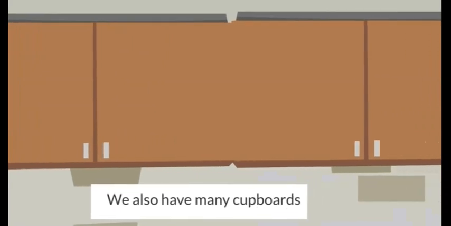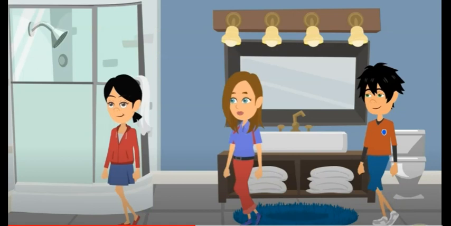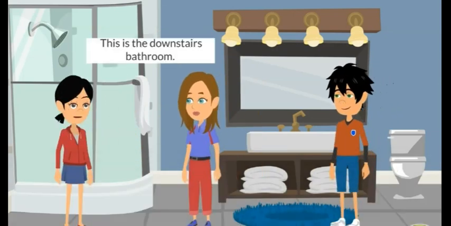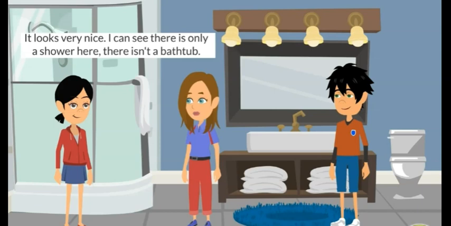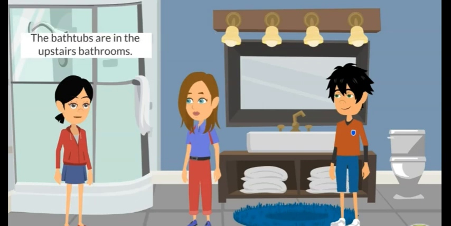We also have many cupboards and drawers. This is the downstairs bathroom. It looks very nice. I can see there is only a shower here. There isn't a bathtub. The bathtubs are in the upstairs bathrooms.